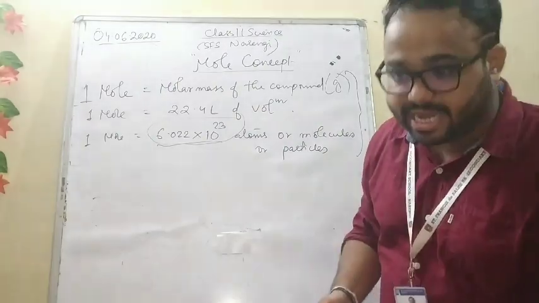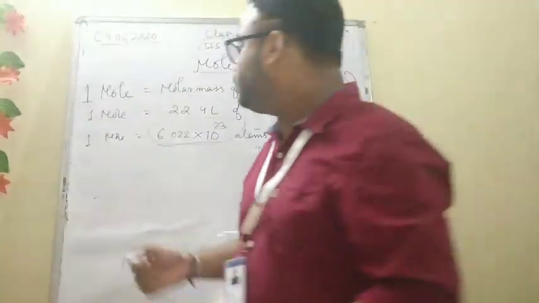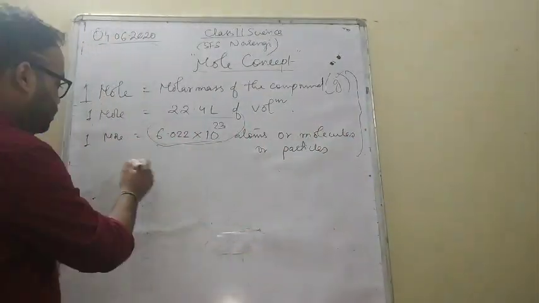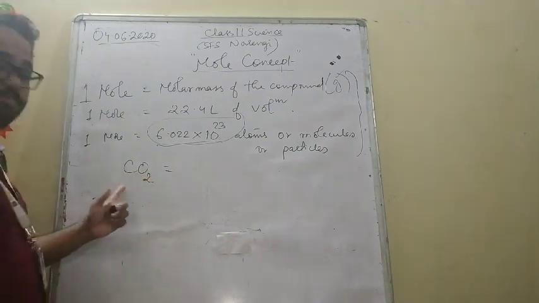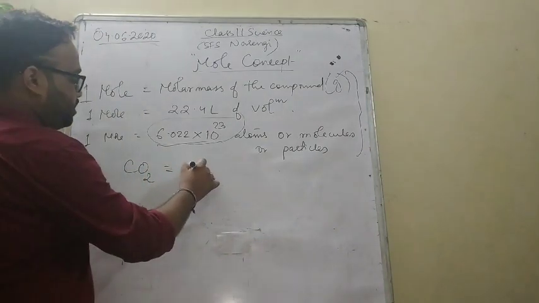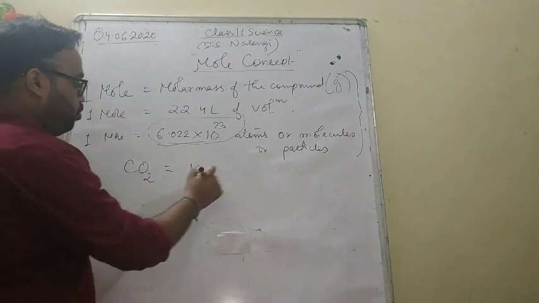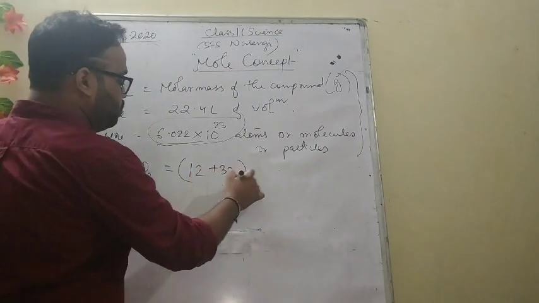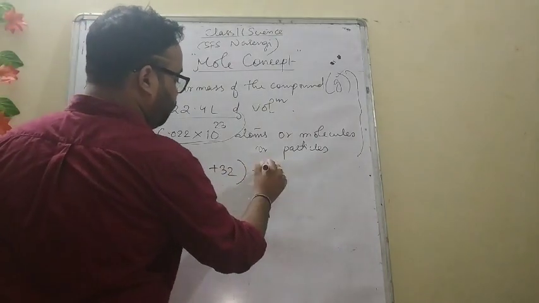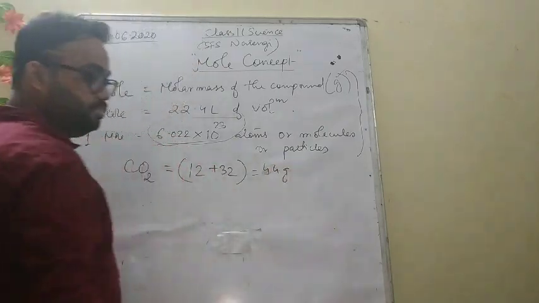Now if I tell you what is molar mass, suppose I take CO2, carbon dioxide. The mass of carbon is 12 and of O2 is 32, so 44 gram.